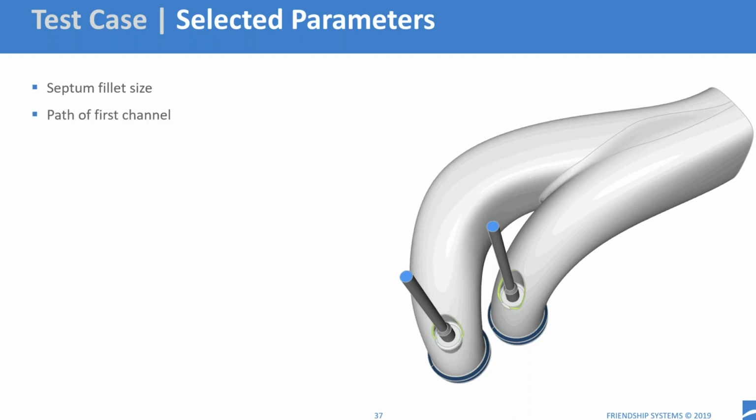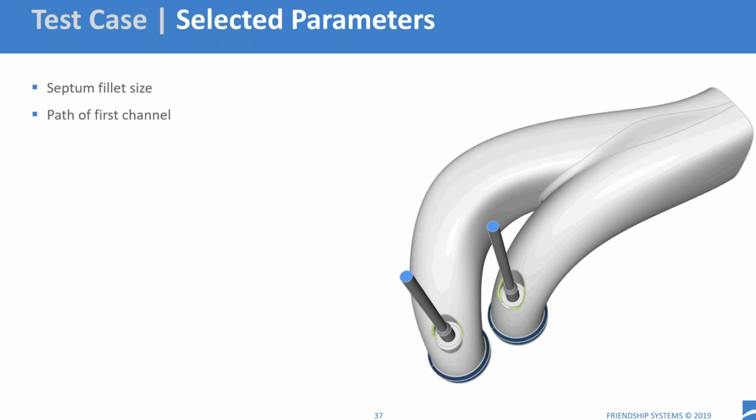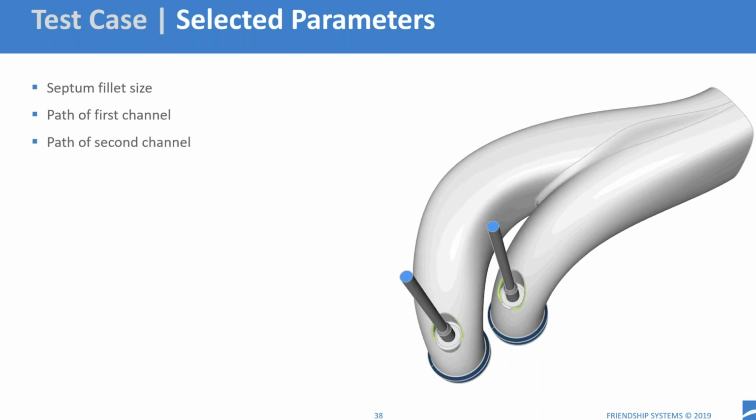And then we have another parameter here that controls the path of the first channel. So again, along the path, we have, of course, several different parameters that control its shape, and this is one of them. And similarly, we also have a parameter here visualized that controls the second channel.